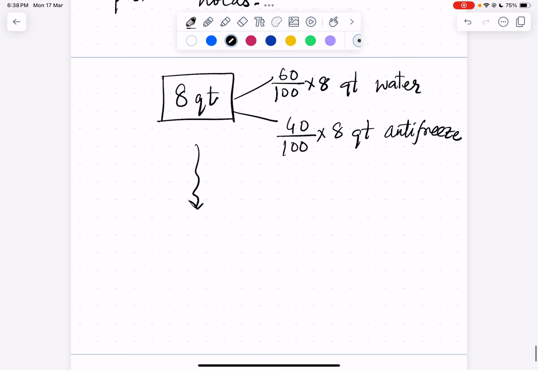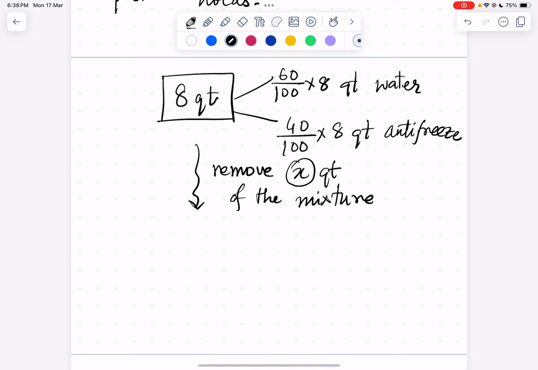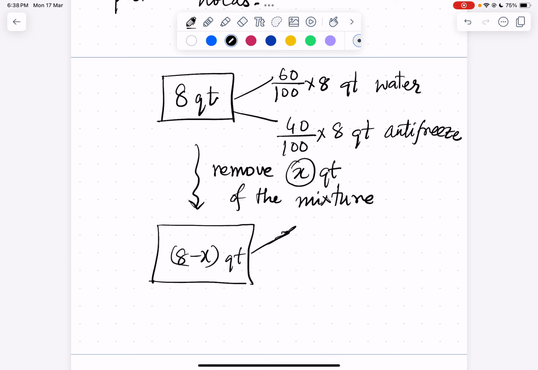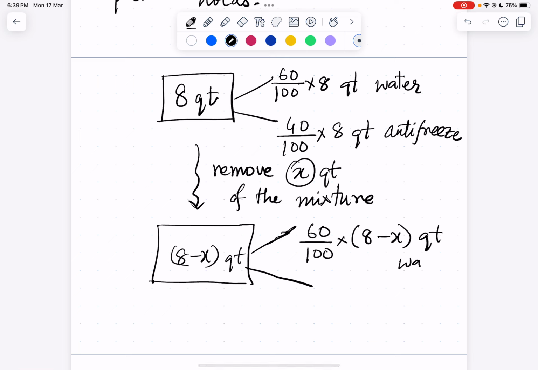So first we remove X quarts of the mixture, then we get 8 minus X quarts, right? 8 minus X quarts, and of that the composition will remain the same. 60% will be, so it's the same liquid but that quantity has reduced. 60% of 8 minus X quarts water and 40% of 8 minus X quarts antifreeze.